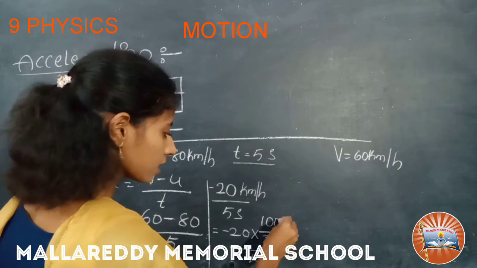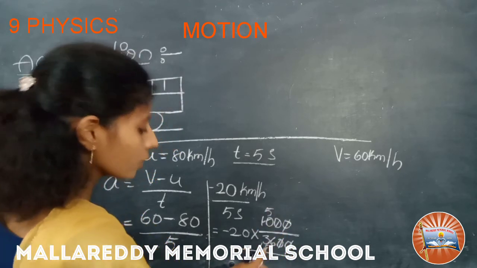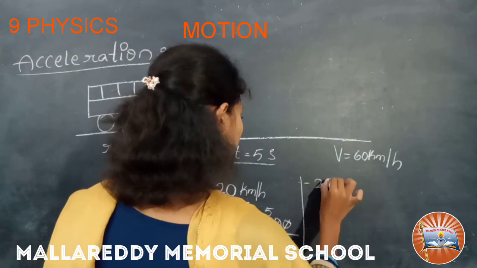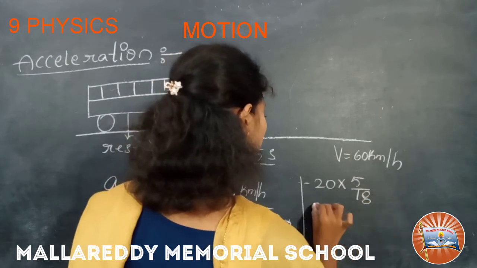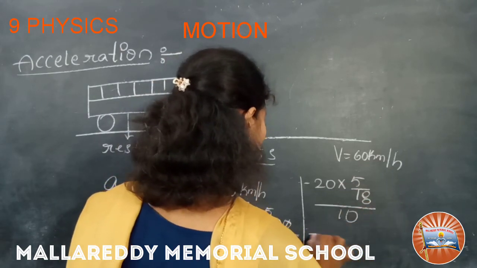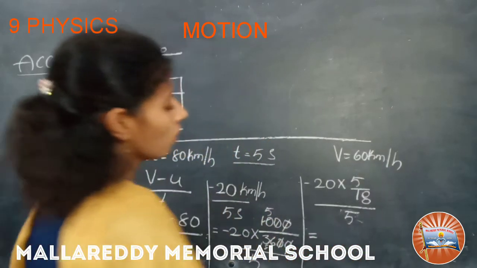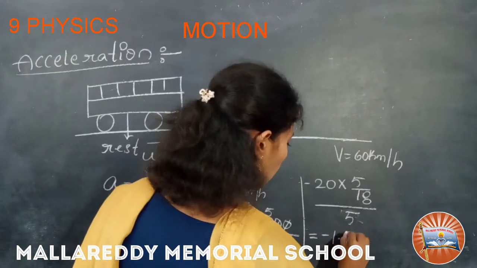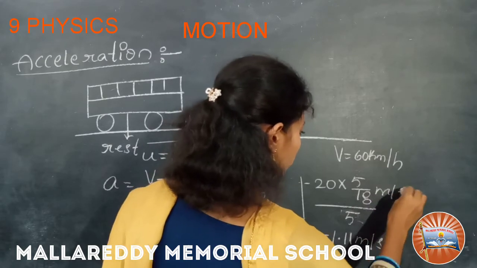When we calculate this, we get 5 by 18: 2 5s are 10 and 2 18s are 36. So what is the value we got here? Minus 20 into 5 by 18, by 5. When we do this calculation, finally we get minus 1.1 meter per second square.